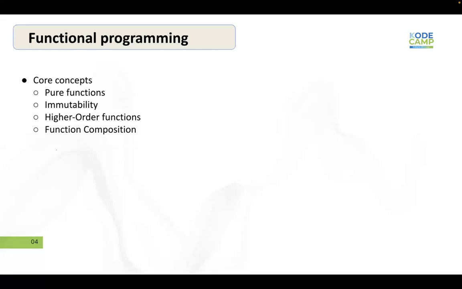And we have function composition under functional programming. Function composition is the process of combining simple functions to build more complex ones. Let's think of function composition as building blocks, small building blocks that you can combine to create complex structures.